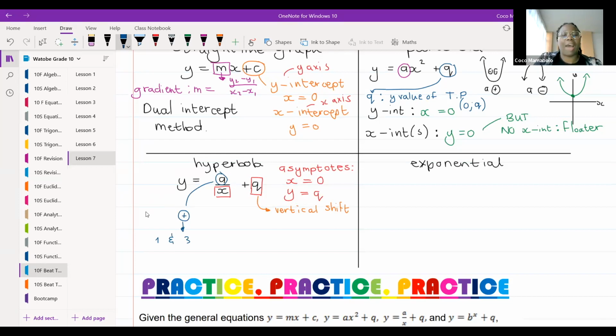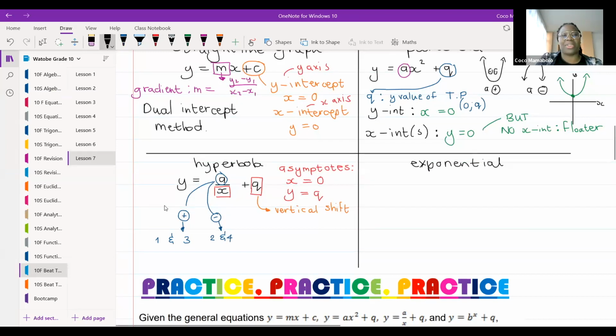Quadrants 1 and 3. Good. And if our a is negative, that's it, Takane, good. Our graph will lie in quadrants 2 and 4.